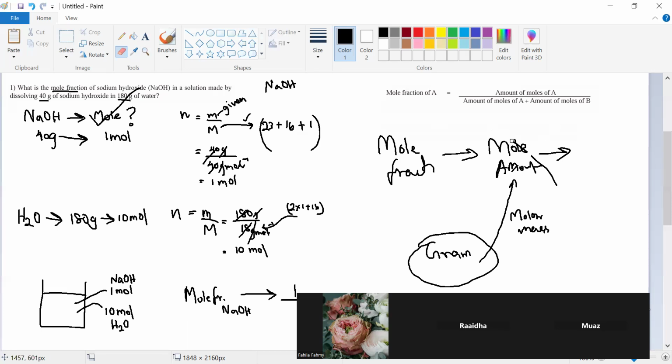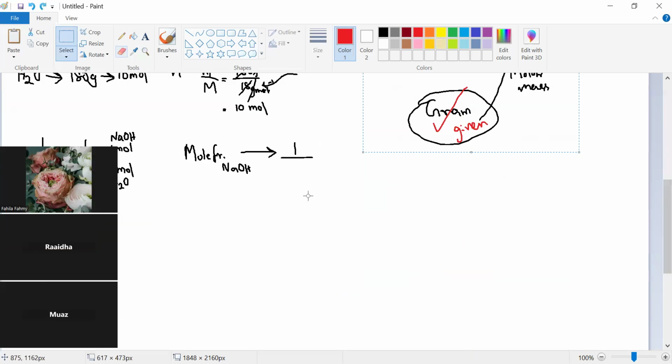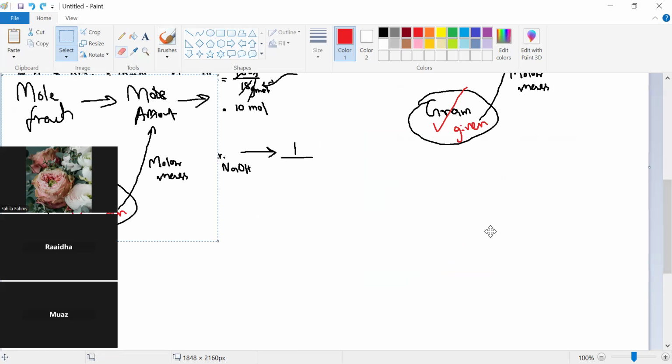So what is your duty now? From the gram and the molar mass, get the mole amount. Gram is given. Let me write it in red maybe. Gram given. So if you want the mole fraction of sodium, I'm going to copy this and paste it down here.